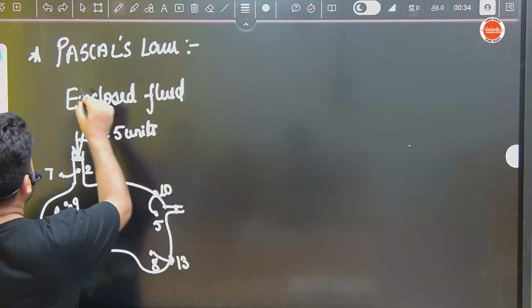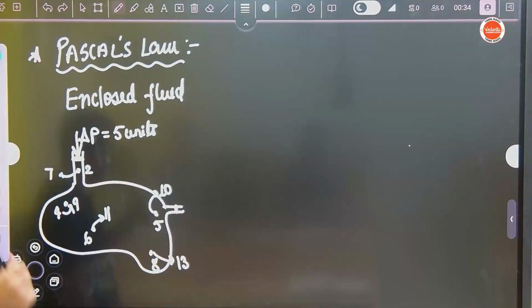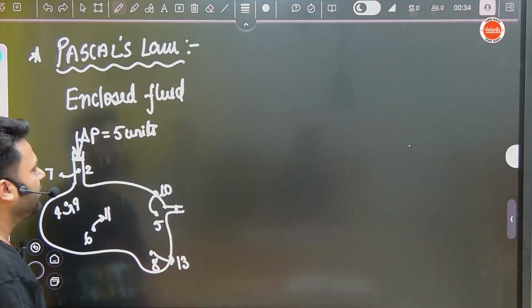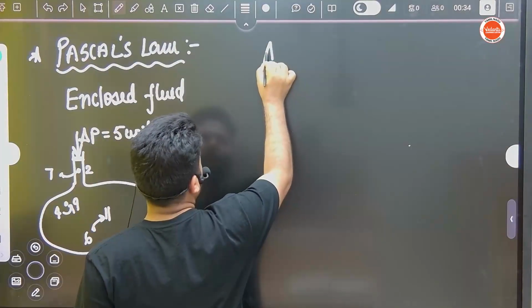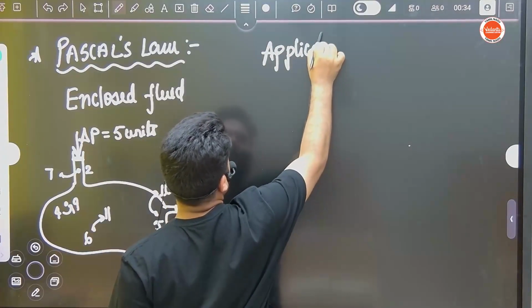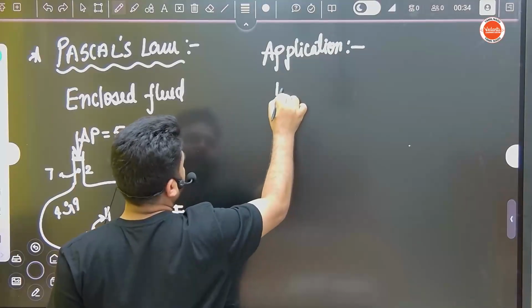This is called Pascal's law: whatever extra pressure you provide, this extra pressure will travel to all the points. Its application was in the hydraulic lift, which they ask in the NEET exam.